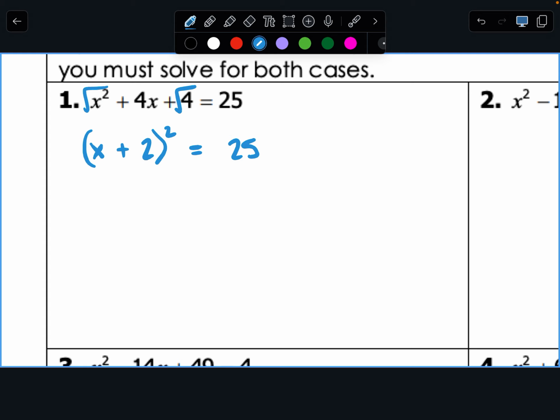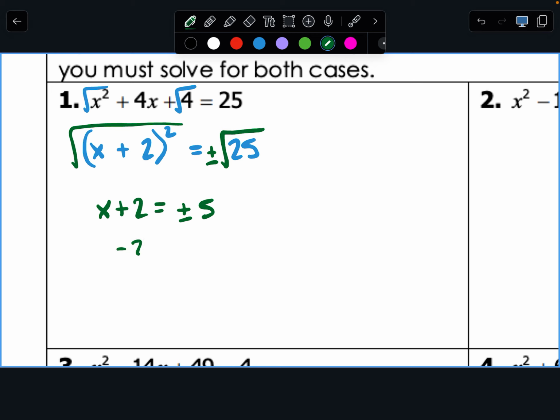Now notice I didn't set it equal to 0. That's because I can actually solve this now by using my square root property. If you recall, the square root property says if you have a square, you can take the square root of that and the square root of the other side of your equation to solve for what's under the square. So I'm going to square root both sides, giving me x plus 2 equals plus or minus 5. Now I'm going to have two cases because of that plus or minus.